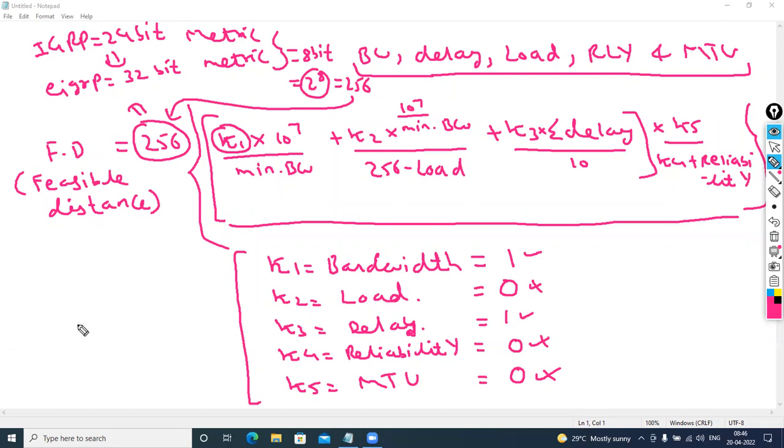Why not K2, K4, and K5? Why not load? Why not reliability? And why not MTU? Any idea? Yes, online guys.